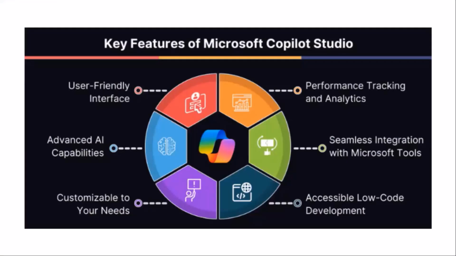So Microsoft Copilot Studio has these key features: the easy-to-use interface with drag and drop to create projects quickly, and smart AI that understands language and learns from the data to help you better. It also works well with Microsoft apps like Teams, Outlook, and Dynamics 365.